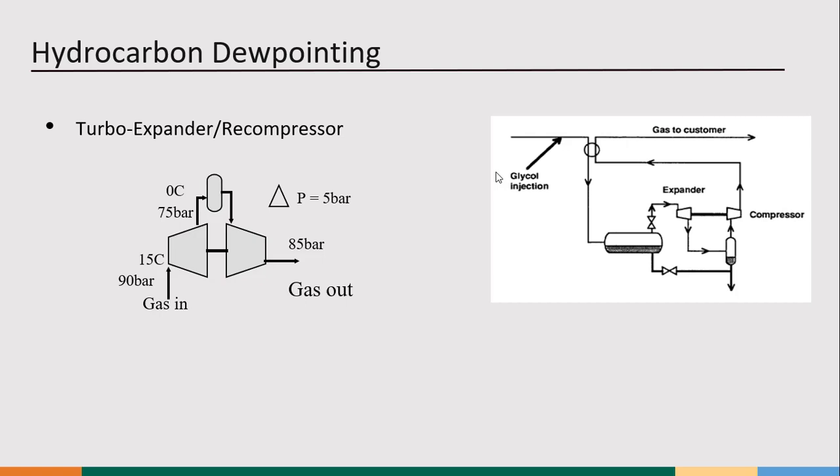It will have some kind of turbo expander, where the pressure is reduced to 75 bar and the temperature drops to about 0 degrees C. The same gas then goes to the compressor from 75 to 85 bar, and it is on the same shaft, because the shaft which is used for the expander is the same one used for the compressor. So this is the patented technology that is used. As compared to the JT valve, it has higher liquid hydrocarbon recovery, with less energy loss in the gas system.